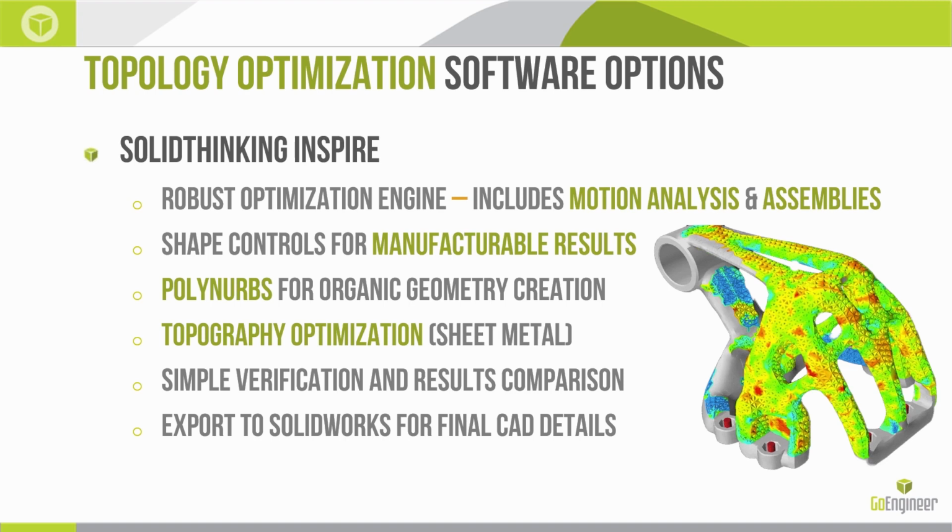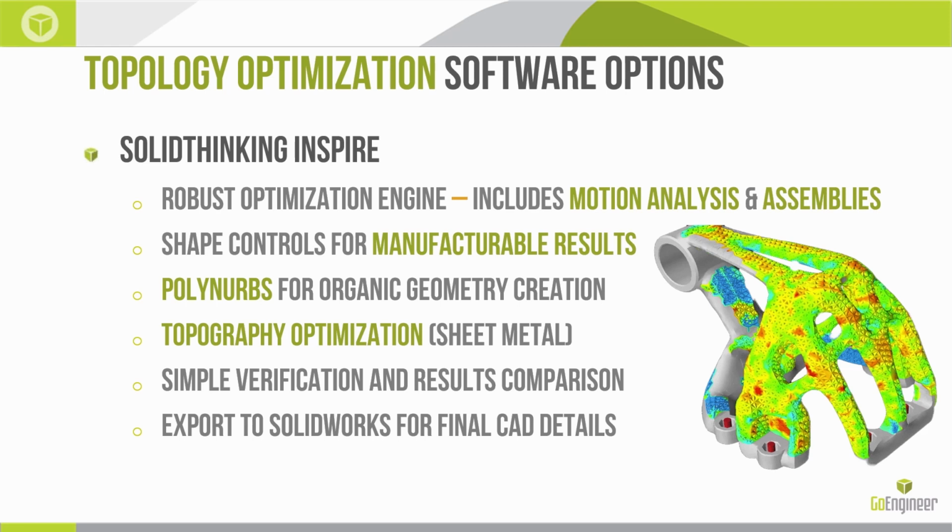Inspire has been around, and the technology behind Inspire has been around for decades. It is a very robust shape optimization tool that includes motion analysis and assemblies, and has great shape controls so that you are not just going through the motions of shape optimization only to end up with a shape that's unmanufacturable.